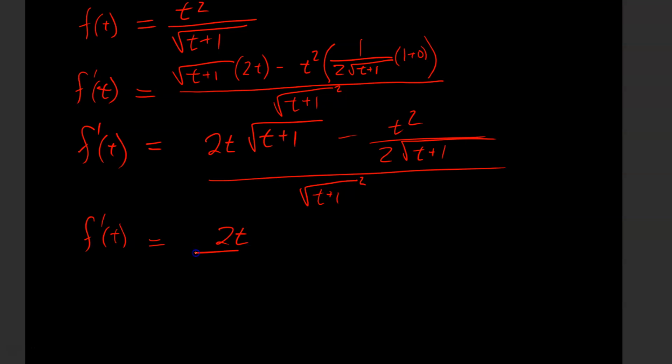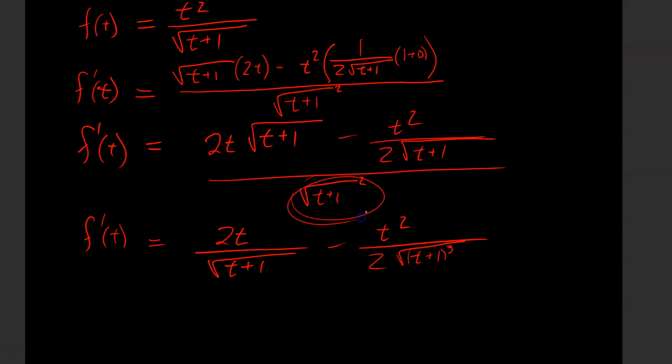The first piece is going to be 2t over the square root of t plus 1. And the second piece is going to be t squared over 2 times the square root of t plus 1 cubed. Because there are 2 t plus 1 multiplied here, and one more square root of t plus 1 here.